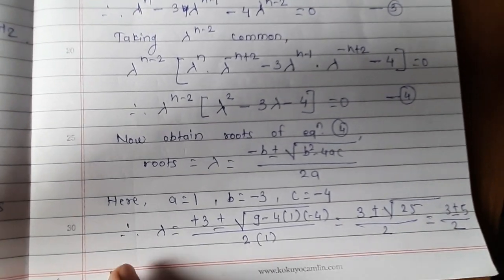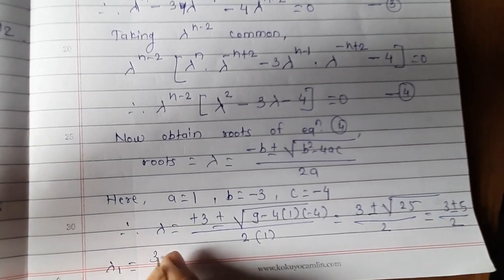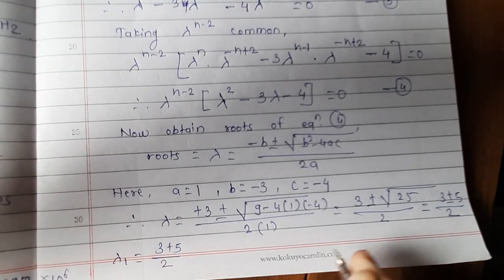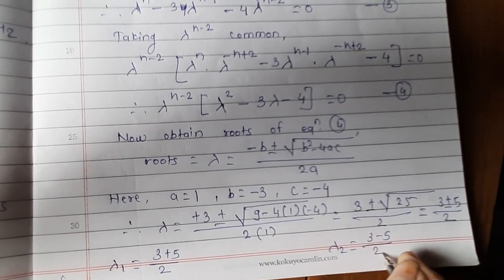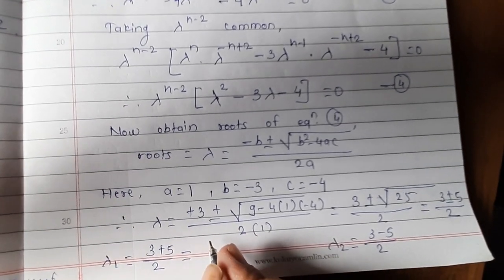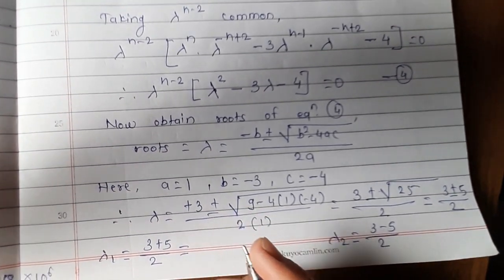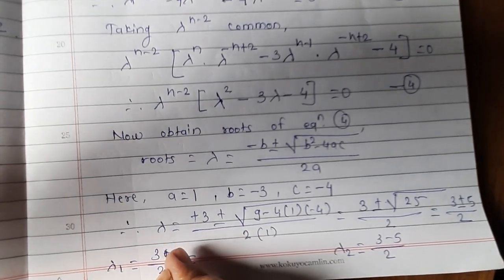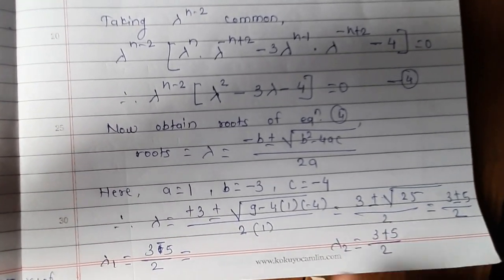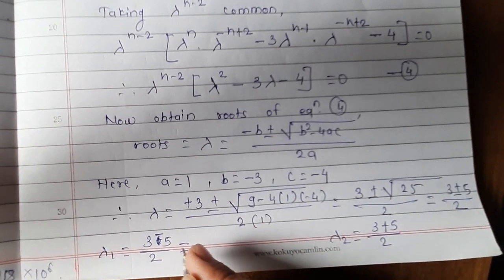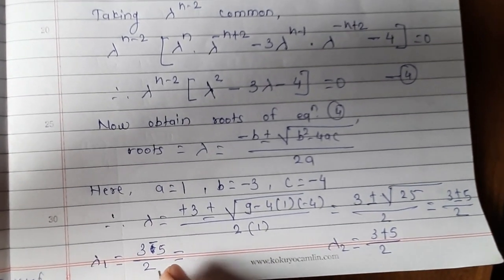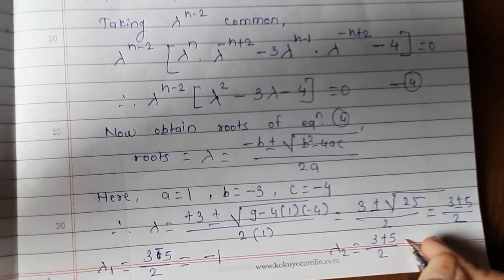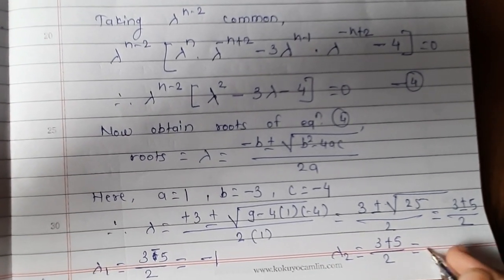So there are two roots. Lambda 1 is equal to 3 plus 5 divided by 2, and lambda 2 is equal to 3 minus 5 divided by 2. So it will be 3 minus 5 is minus 2 divided by 2 is minus 1, and 8 divided by 2 is 4.